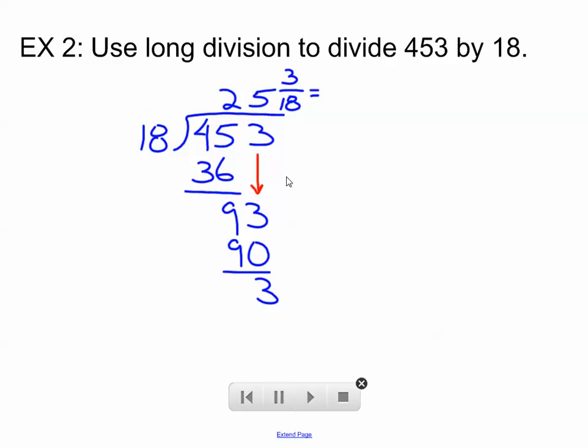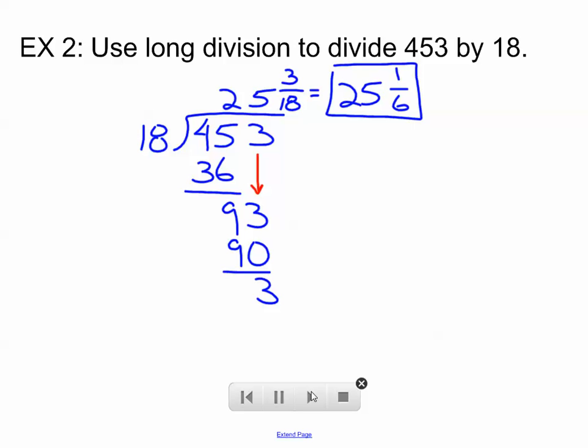When I say 3 is the remainder, I mean 3/18. That's 25 and 3/18, a fraction that can be simplified to 25 and 1/6. 453 divided by 18 is 25 and 1/6.